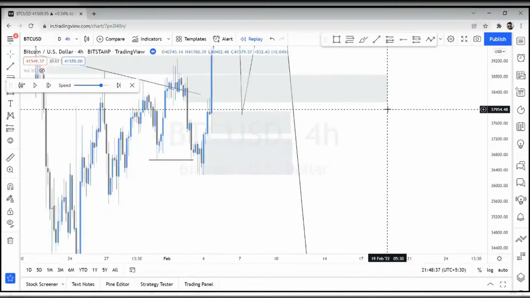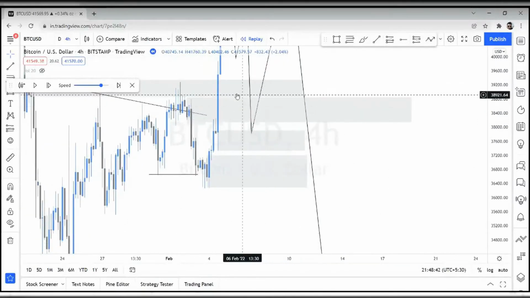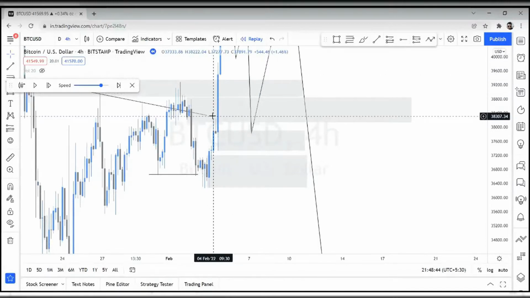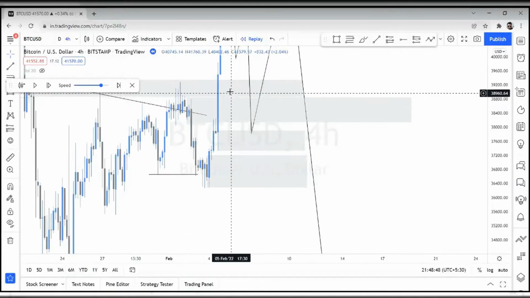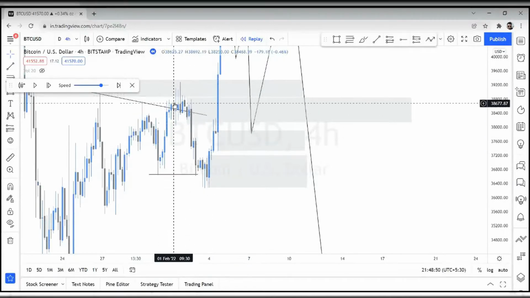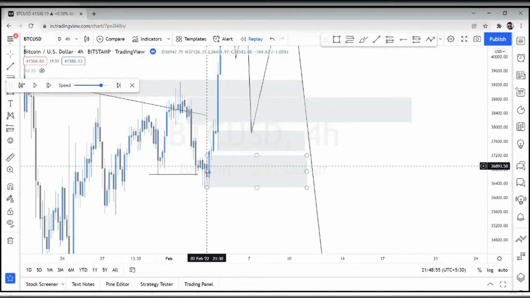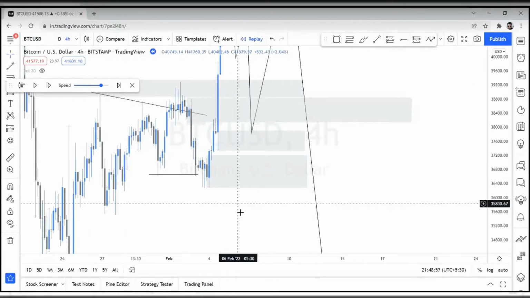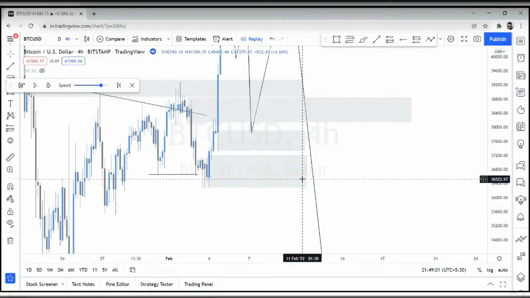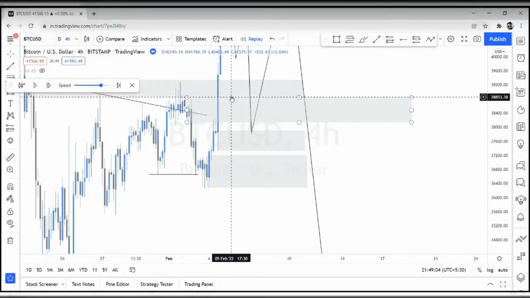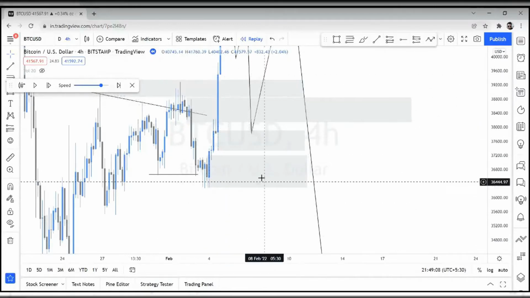If you do not understand the word mitigation, please refer to our previous webinar, where I have already explained it. Mitigation is nothing but when price comes back to test the order that gives a break of structure or certain structures. Most of the time, not always compulsory, it comes back to test those areas and then gives us the price that we want.